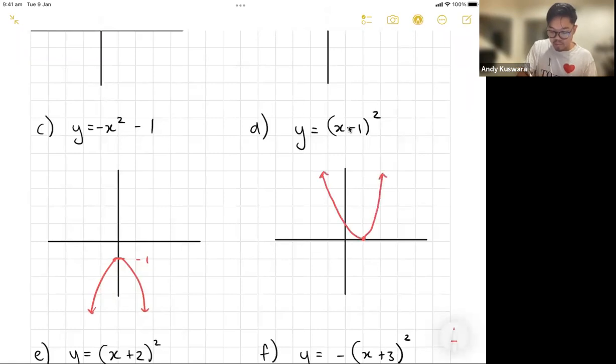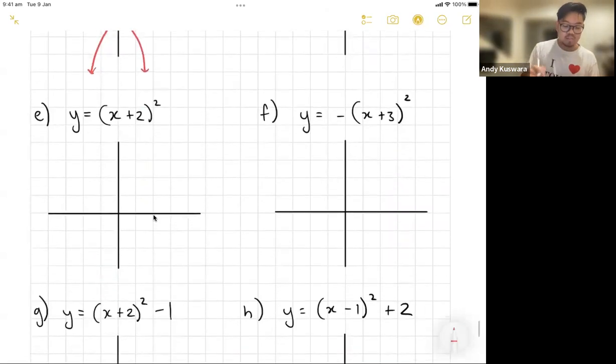So that comes my new parabola. A minus will shift to the right and the plus will shift to the left. If you want a reason why, go by your x-intercepts and you'll see that 1 becomes your x-intercept, letting y equal 0.